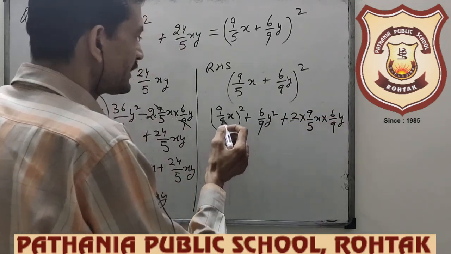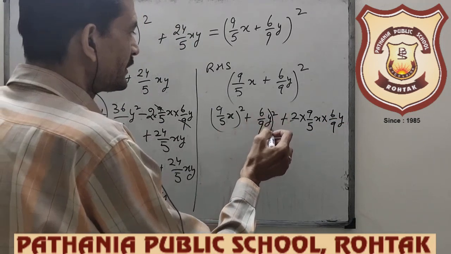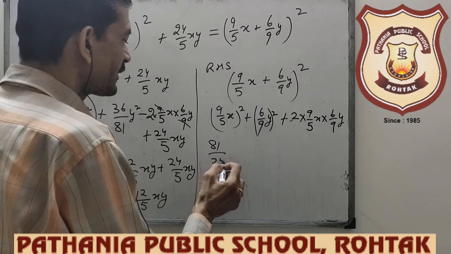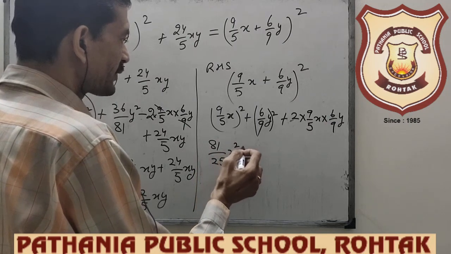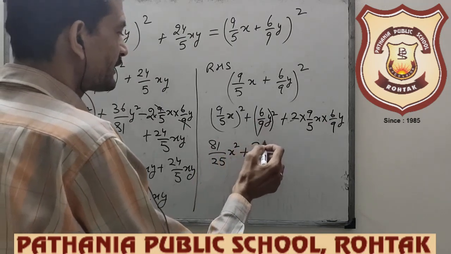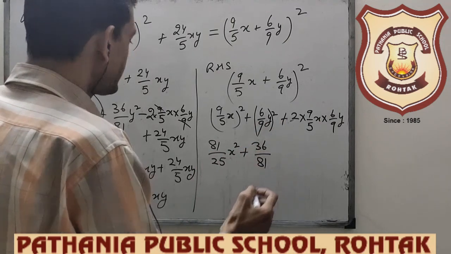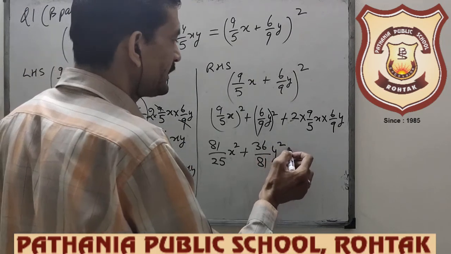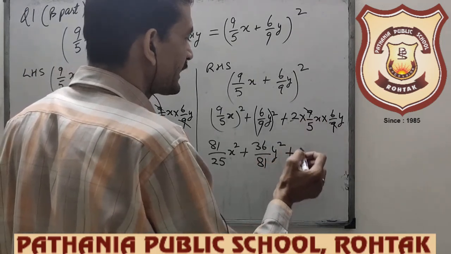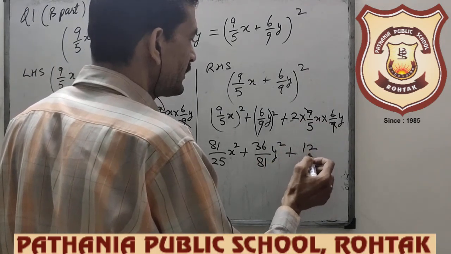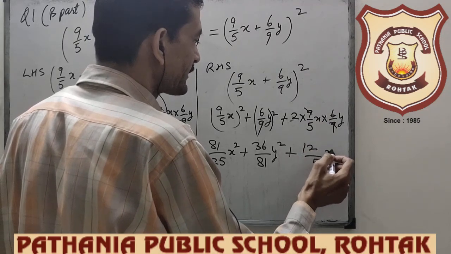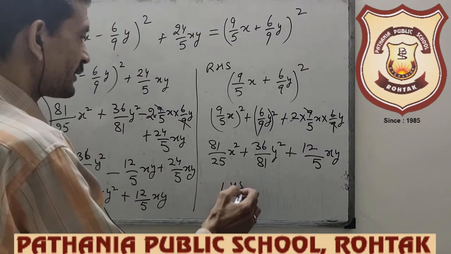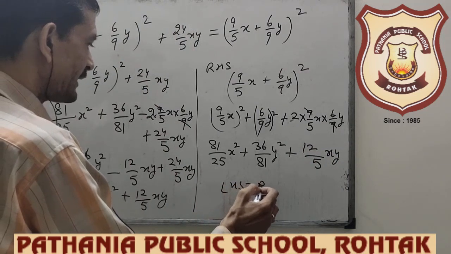So what is it? 9 square 81, 5 square 25, x square plus 6 square 36, 9 square 81, y square, plus 2, 9 to 9 cancel, 2 sixes are 12 by 5 xy. So it means the left hand side is equal to the right hand side.